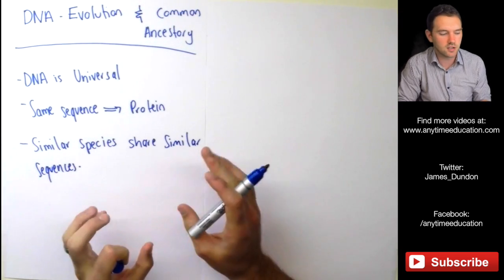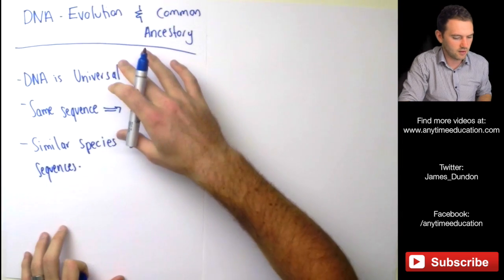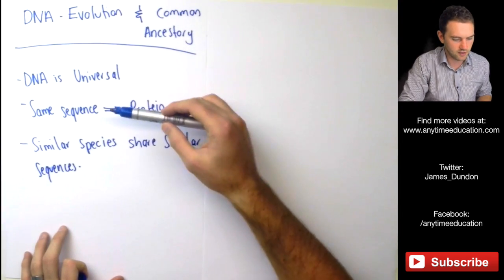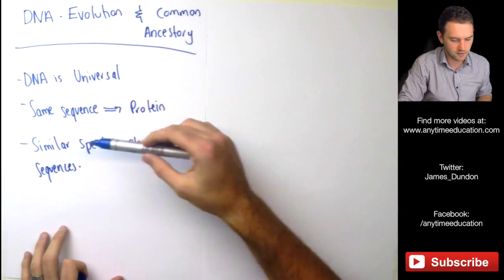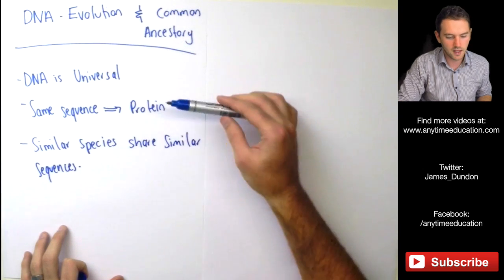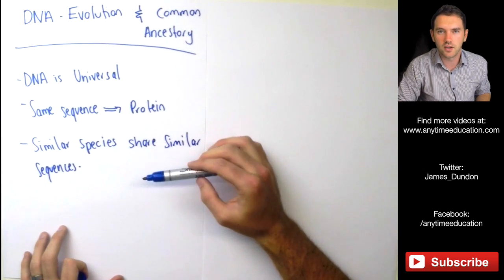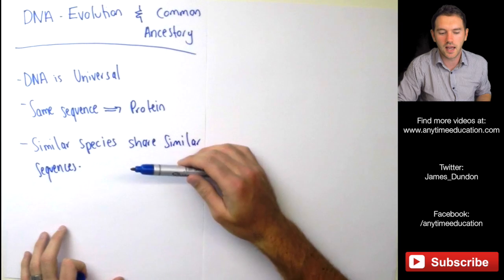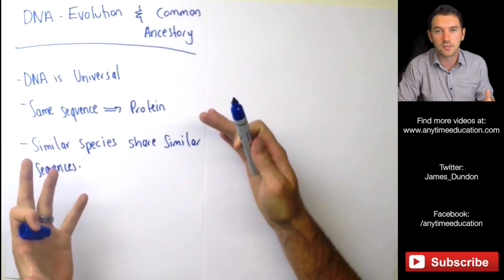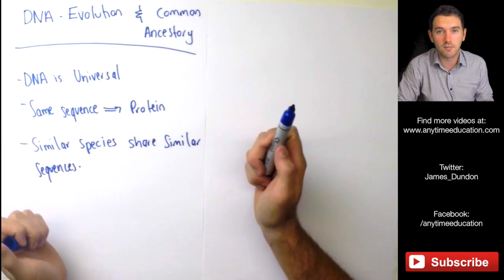Could there maybe be a connection? So if this DNA is universal, same sequence, same protein, and similar species share similar sequences, the probability of all of that occurring independently in every single species is mind-boggling.